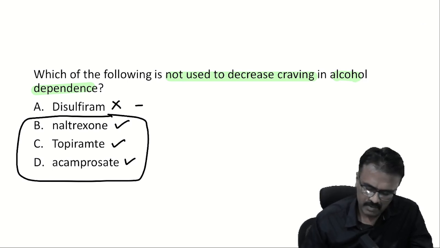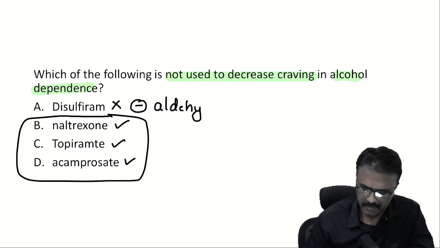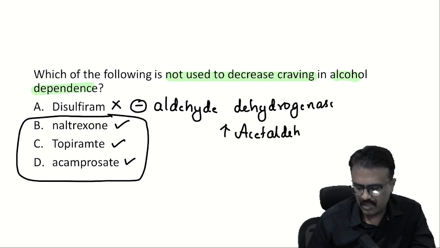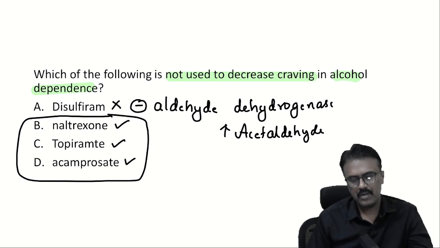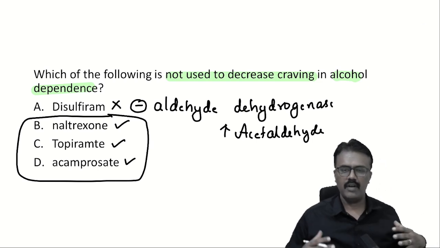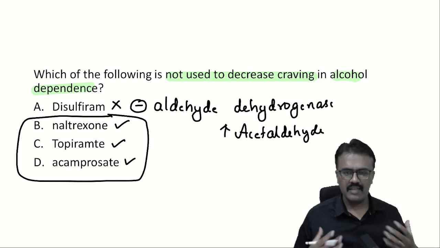What is the mechanism of disulfiram? It inhibits an enzyme called aldehyde dehydrogenase. So what happens if it inhibits aldehyde dehydrogenase? There is an increase in acetaldehyde level, and that will cause nausea, vomiting, chest discomfort, palpitation. So suppose somebody is on disulfiram and drinks alcohol, they don't get the pleasure.